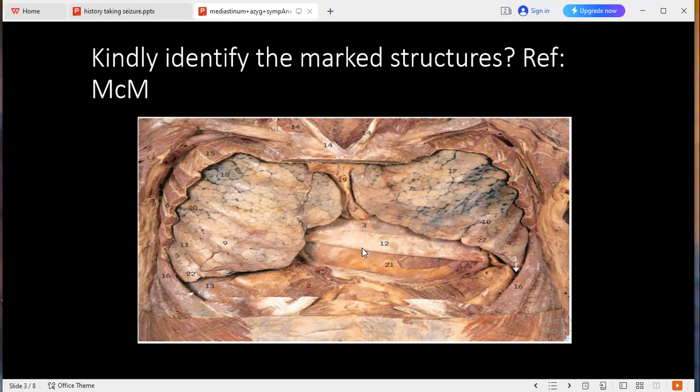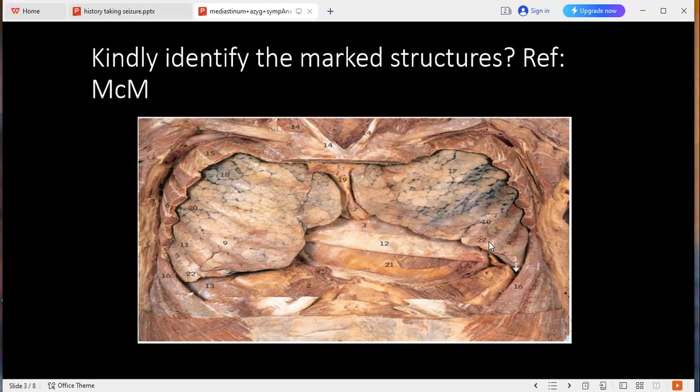And on the left side we have only two lobes. Number 17 is superior lobe, and number 1 is inferior lobe, and number 22 we can say is lingula. What is exactly lingula? So lingula is a representation of the middle lobe of the right lung on the left lung.